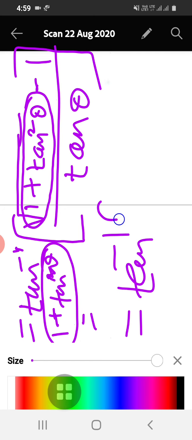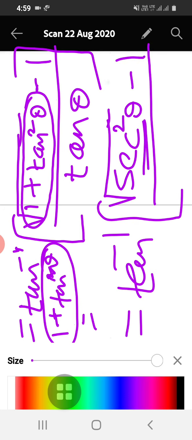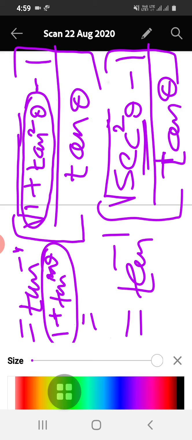So I can write that as tan inverse of square root of secant square theta minus 1, whole divided by tan theta, which I write as it is. This 1 plus tan square theta is secant square theta, by the standard trigonometric identity.